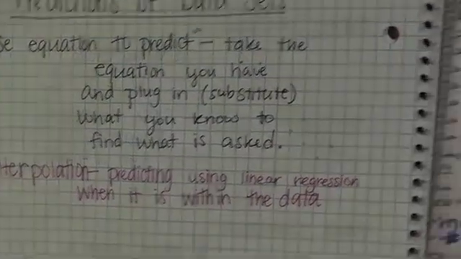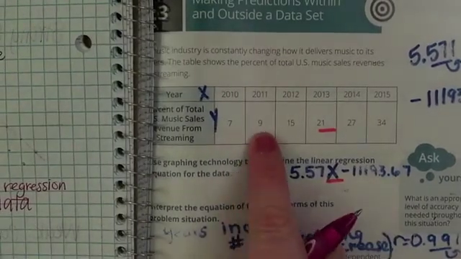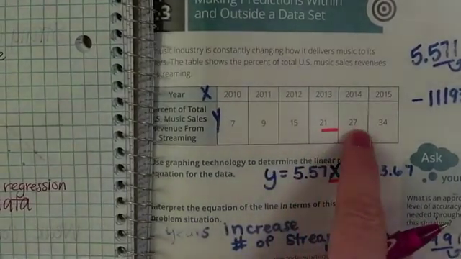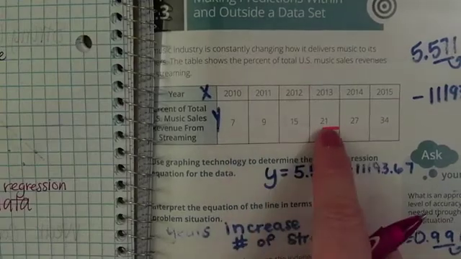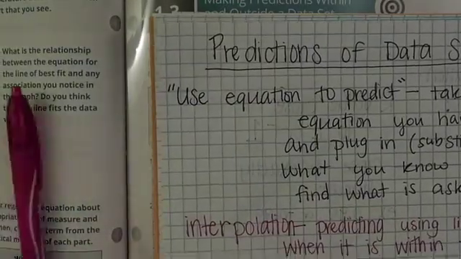So if you look at our table, you know that it was within that information. The 2013 was inside of that. Extrapolation is the outside of that.